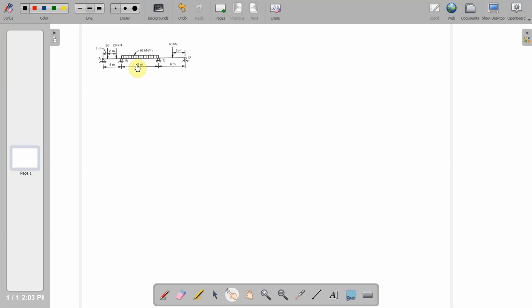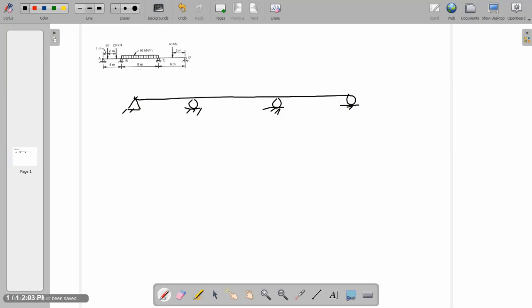So what we do here is we take this span, for example, and we assume that each support in between is a fixed support, or not only in between, each and every support is a fixed support.